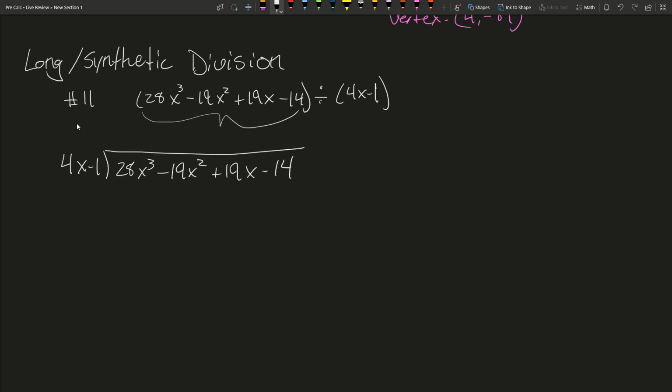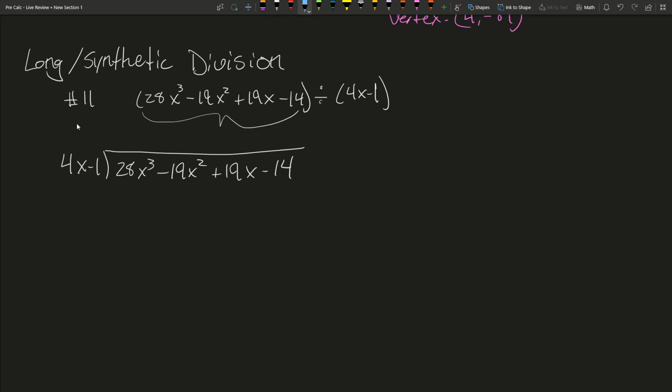The first thing you have to do, which shouldn't really be a problem, is to make sure that these powers of x are in order. So this goes x cubed, x squared, x, and constant, so we're all good. Then we're constantly asking ourselves what goes into the farthest left value.